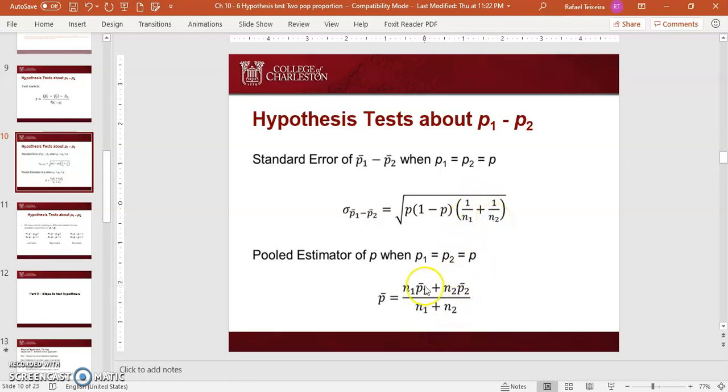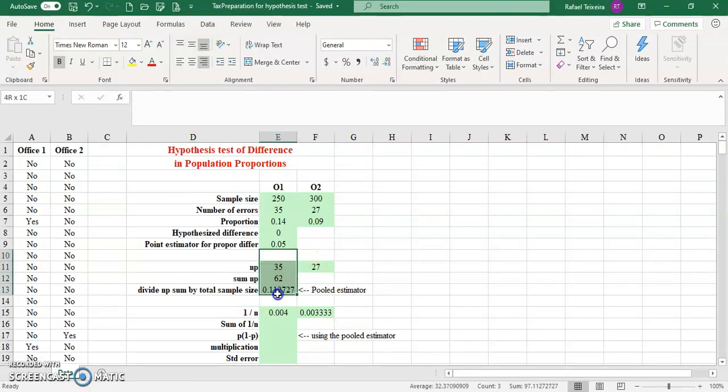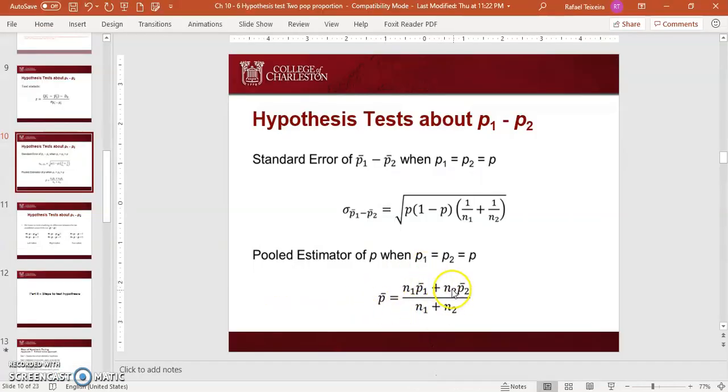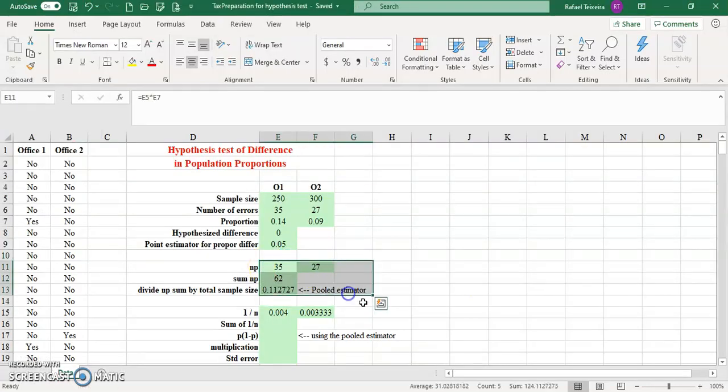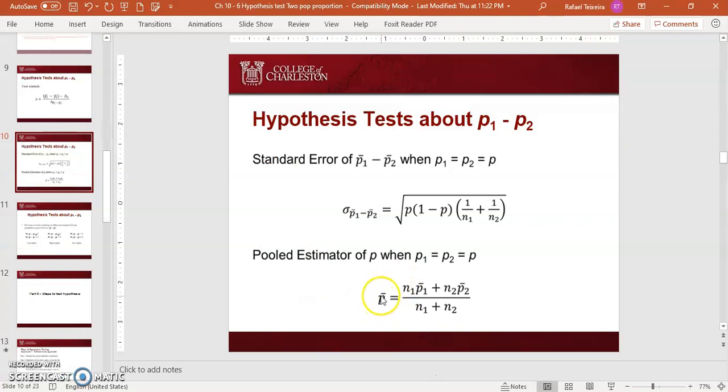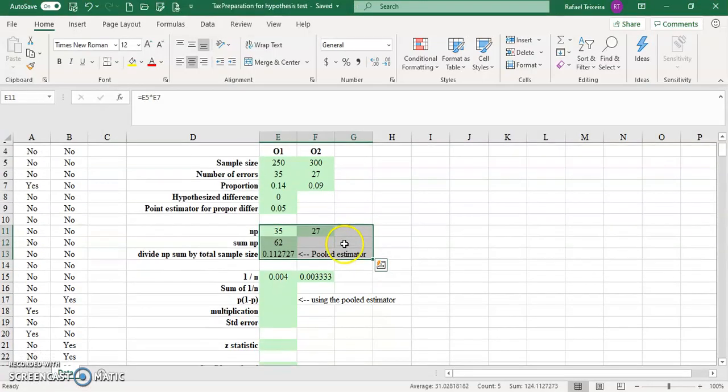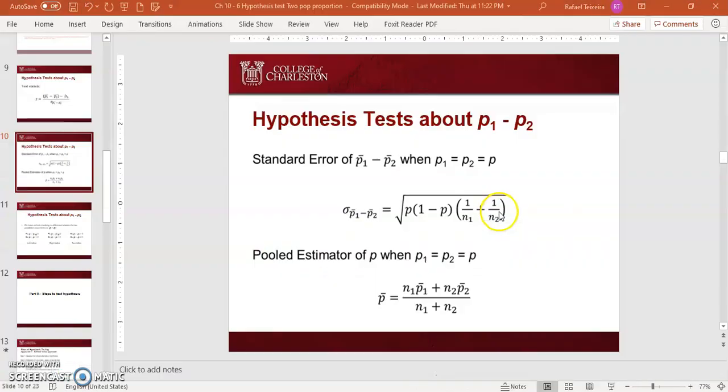Okay, we did this here. So this was done here. Now I'm going to use this p in the standard error. Okay, you see, first I divide 1 by each one of the sample sizes. Now I'm going to sum them.